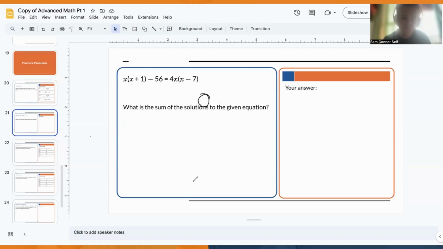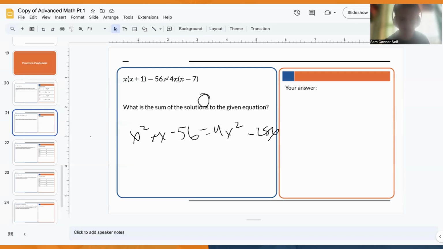and actually, you know what, first I am going to multiply everything out so that we get those quadratic terms. So x times x is x squared plus x minus 56 is equal to 4x squared minus 28x. And that looks a little bit nicer.